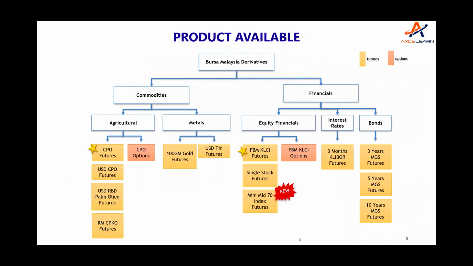One is CPO futures, or what we call FCPO, which we will go into in detail during webinar 3. The second product will be FBM KLCI futures, or what we call FKLI. And another one highlighted as new was only launched at the end of August, which is mini mid 70 index futures, or what we call FM70.